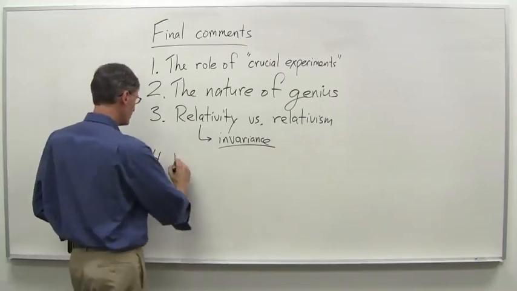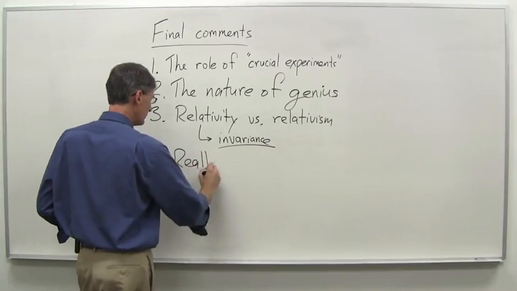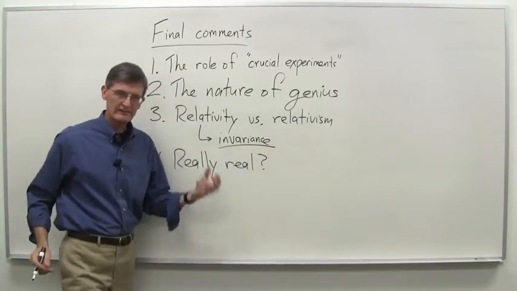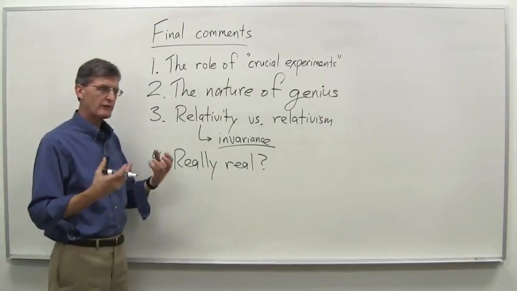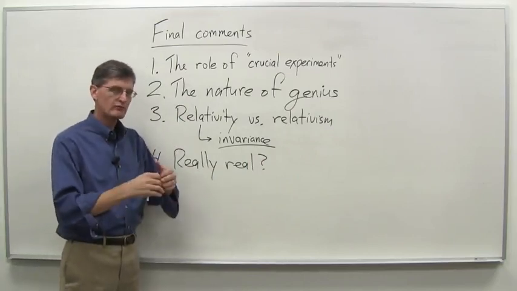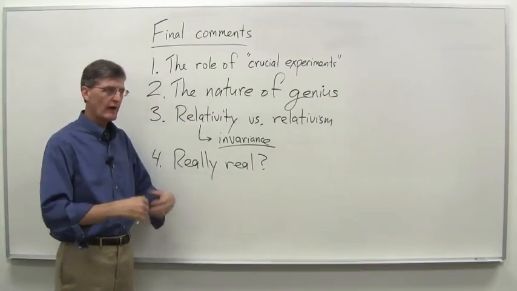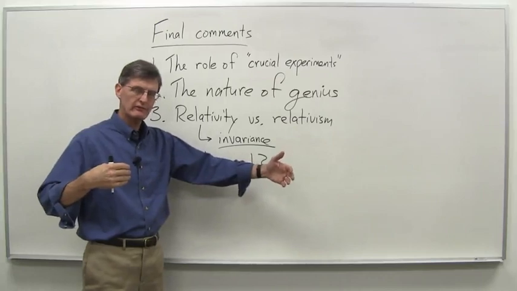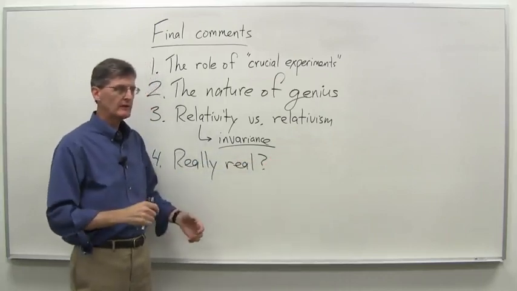And this is a question: Is this all really real? When we talk about things like time dilation, do moving clocks really run slow? How do they move slow? Do moving objects like sticks, does their length really contract? Do they really get shorter?